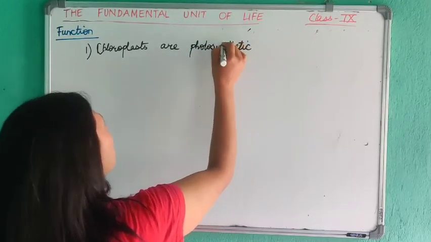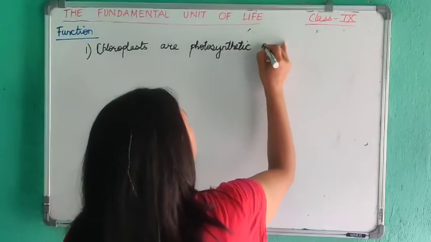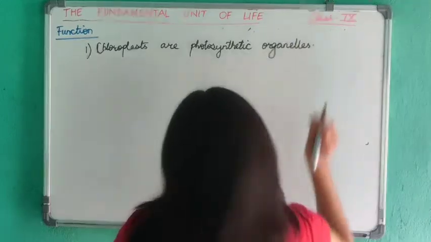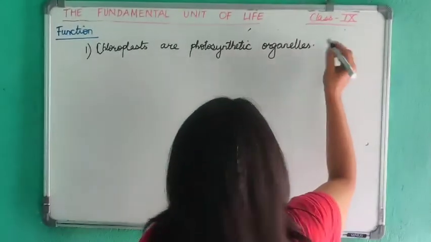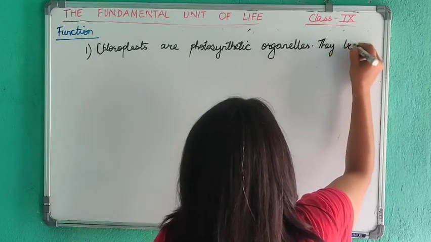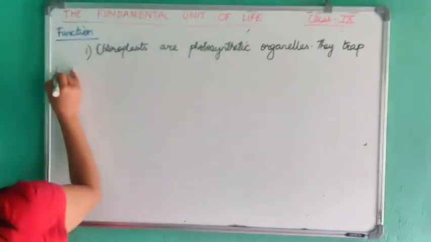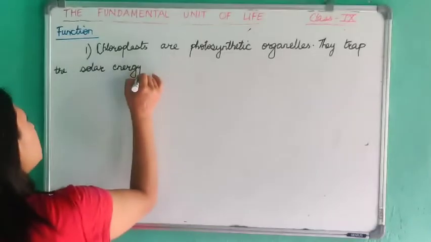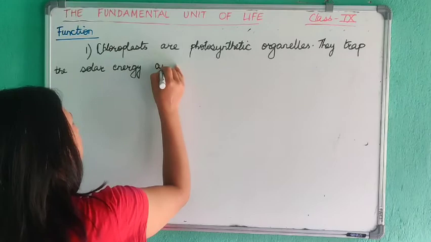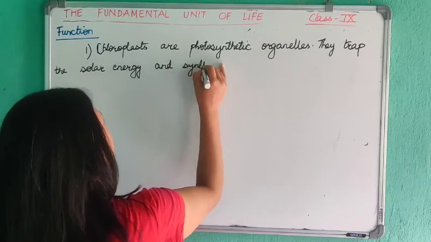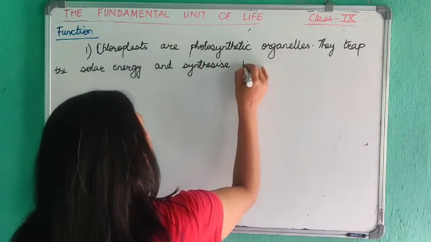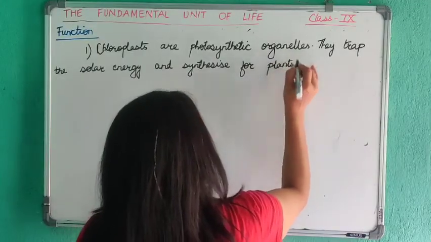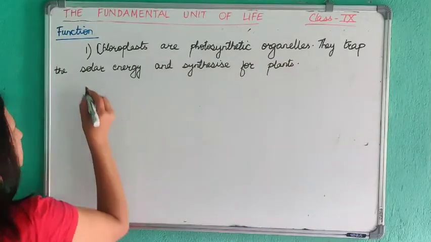Why are they photosynthetic organelles? Because they contain chlorophyll, which is essential for photosynthesis. What do the chloroplasts do? They trap or absorb the solar energy and then synthesize food for plants. So using that solar energy, food is synthesized. So chloroplasts help in synthesizing food.